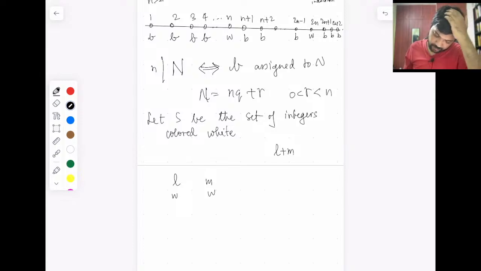Some strong induction we have to do. So for all values of L plus M less than a given quantity K we have already proven, let's say. Now L plus M is equal to K, and L is white and M is white, and now we have to prove the product LM is white.